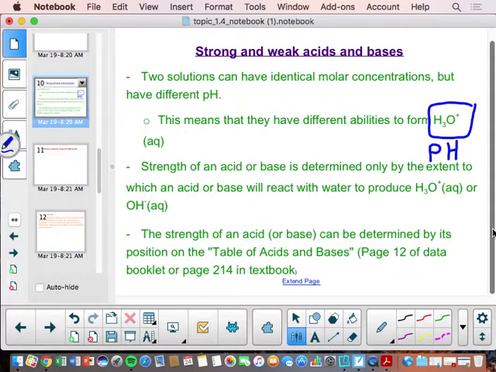The strength of an acid or a base can be determined by the position on the table of acids and bases. So go to your data booklet, page 12, the green one.